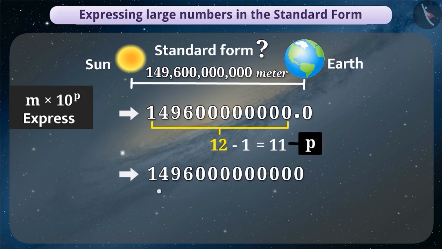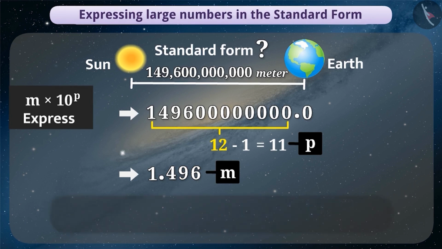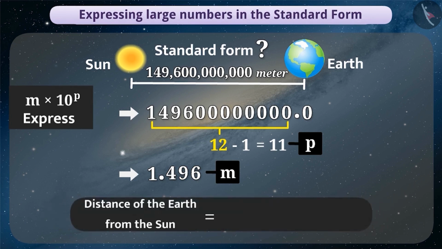Then, we place the decimal point to the right of the leftmost non-zero integer 1, like this, and in the last step, we remove all digits after the non-zero integer placed to the right of the decimal point. With this, we get the value of m to be 1.496. Now, we can express the distance of the Earth from the Sun in the standard form as 1.496 into 10 to the power of 11 meter.